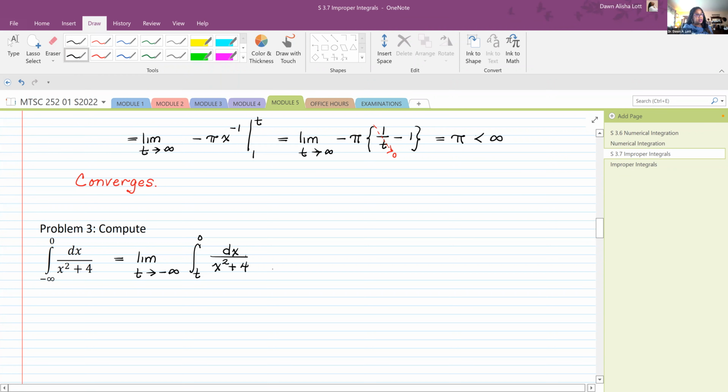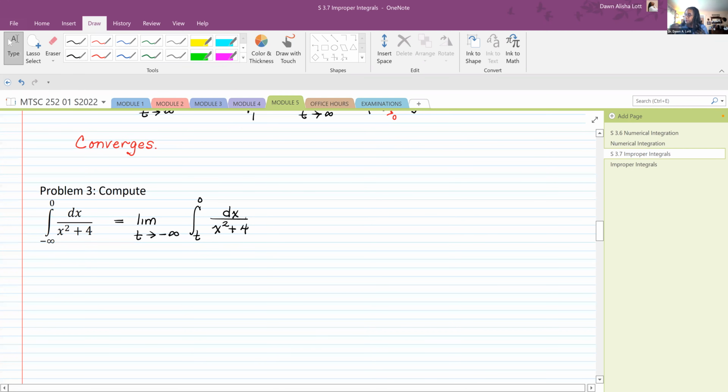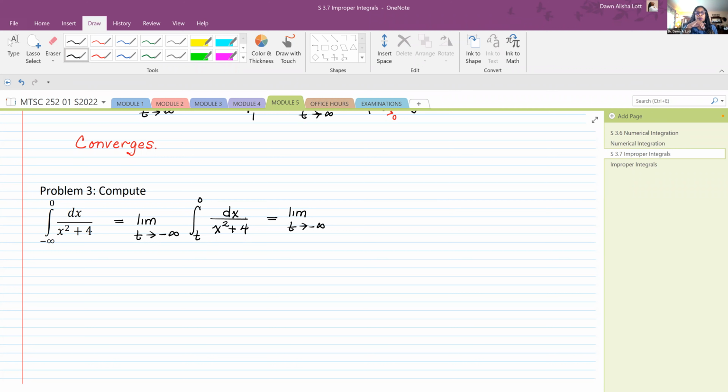The only thing we need to do now is integrate dx over x squared plus 4. What is that integral? You guys know that integral. Tremont, what's the integral of dx over x squared plus 4?